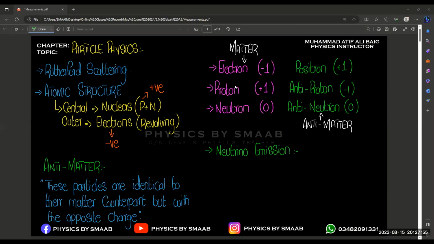In neutrino emission, we are going to discuss the electron. This is basically related to the electron.